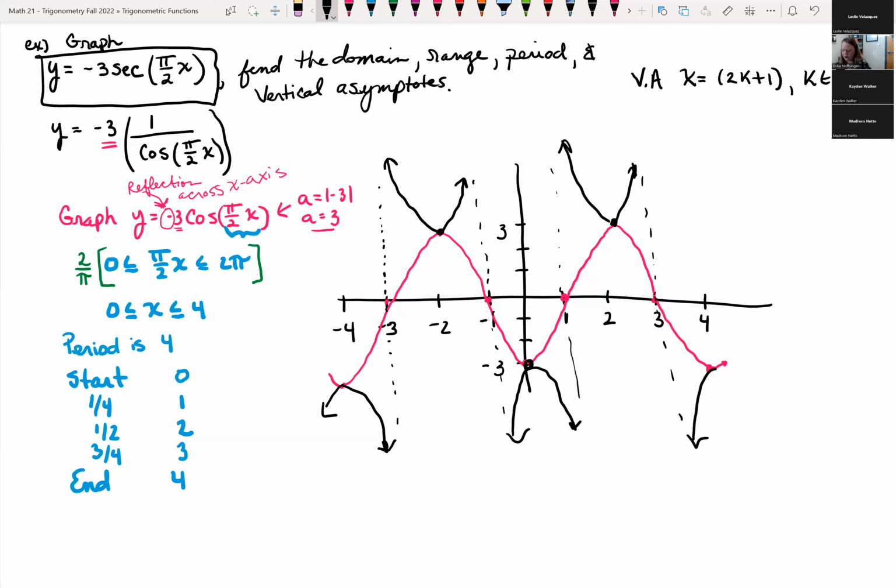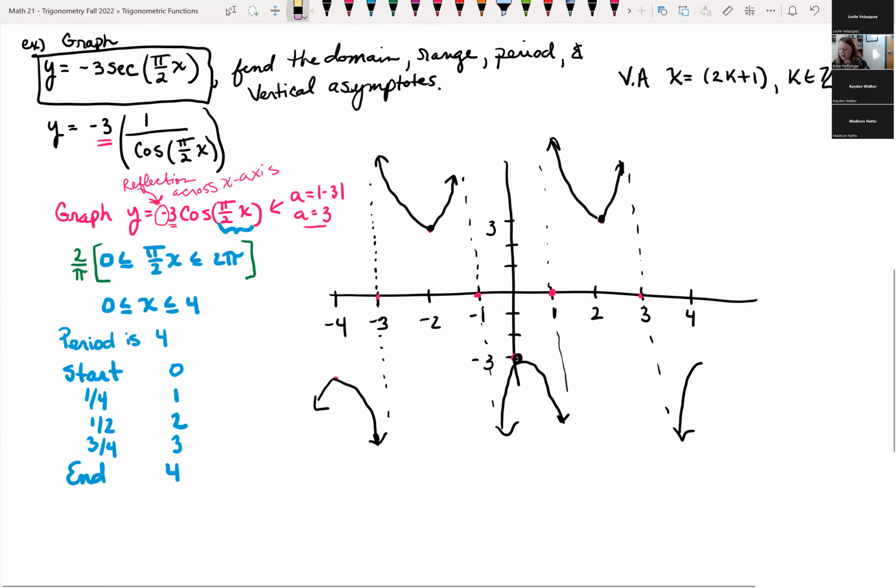And so the graph of -3 secant of pi halves x, let's just take away now that graph of cosine of x. So we just see the appropriate graph. So we got our vertical asymptotes.